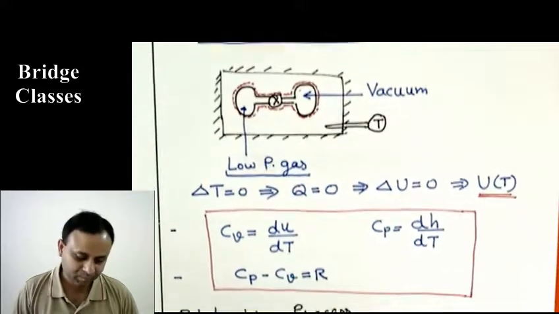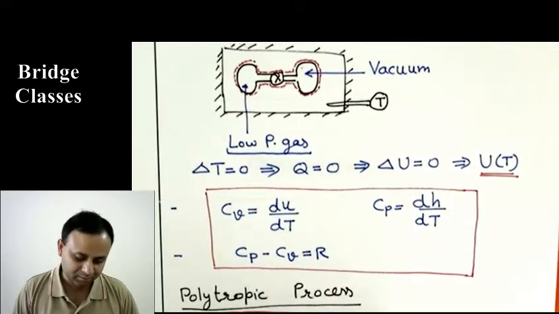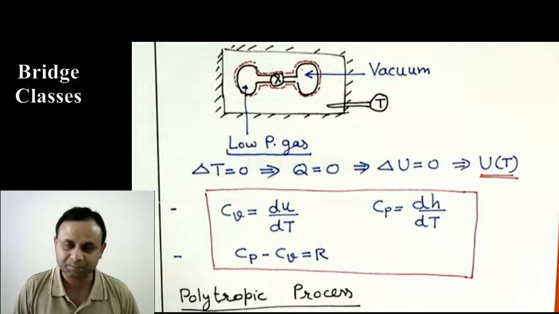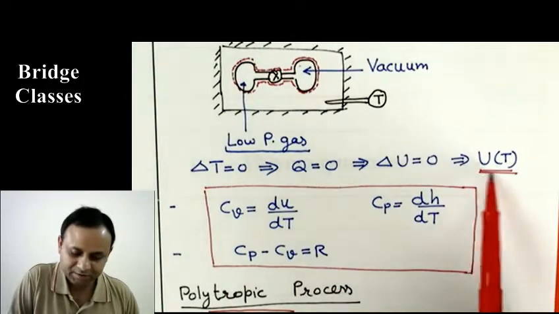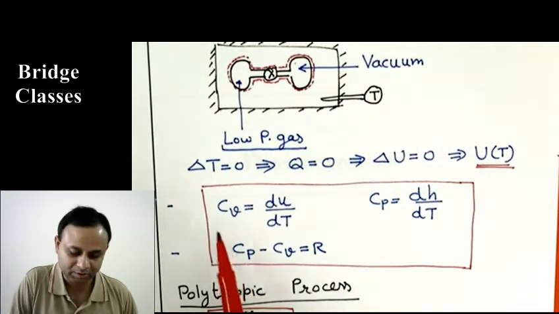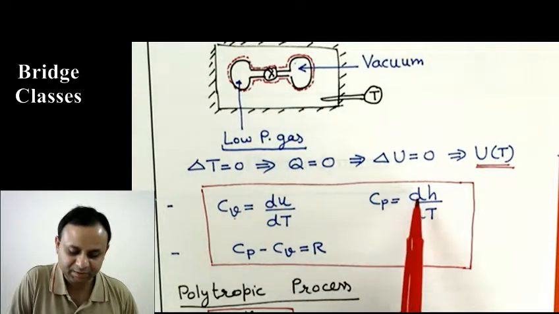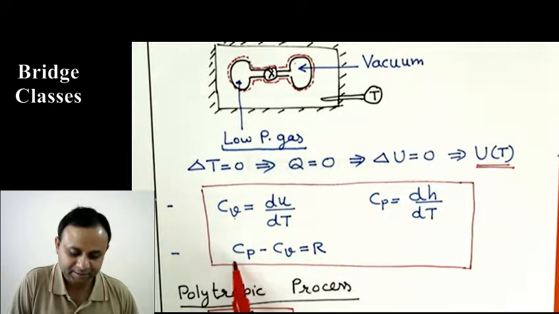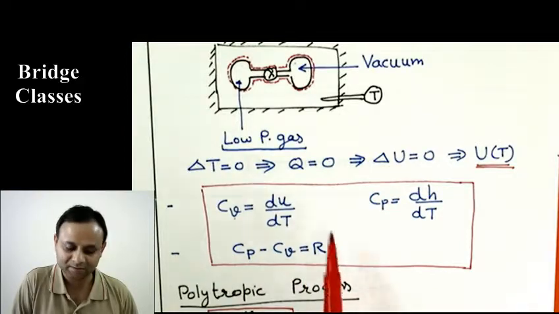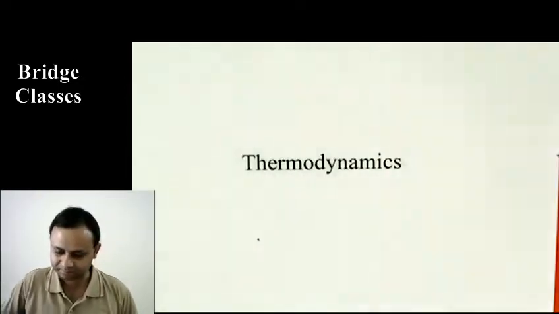And these are further implications of that. I'm going to show them in a while. Based on this, if U is a function of temperature only, we can show that Cv is dU/dT, Cp is dH/dT, and Cp minus Cv is R. So let us do these.